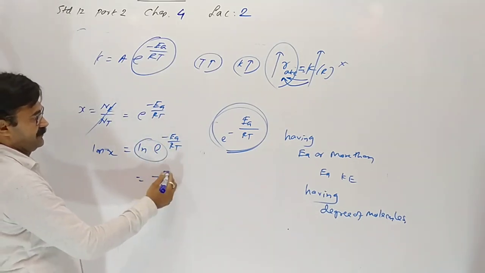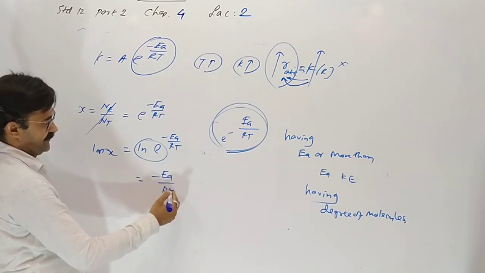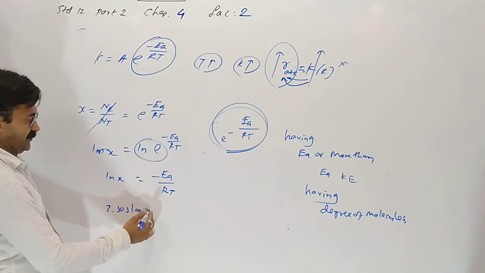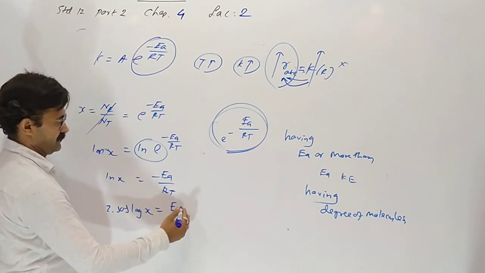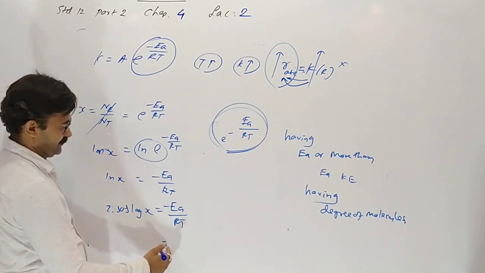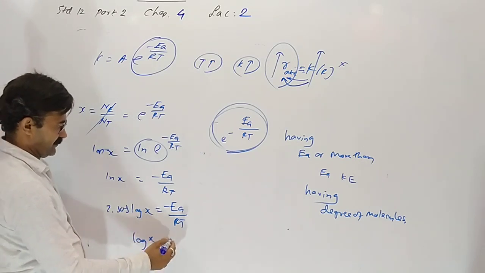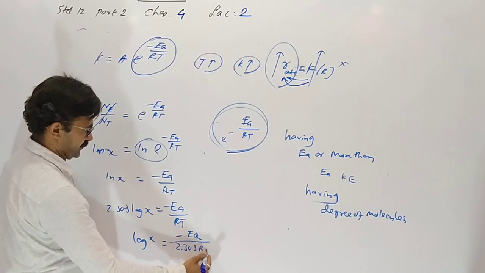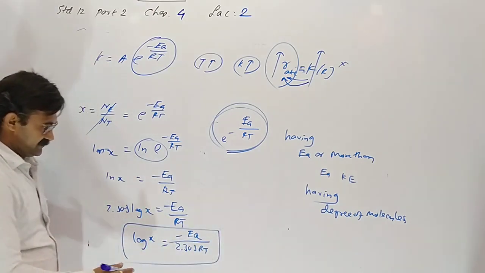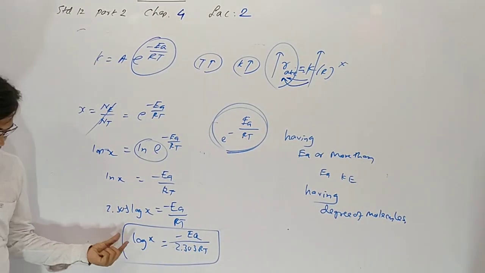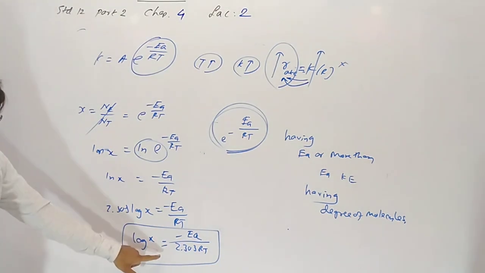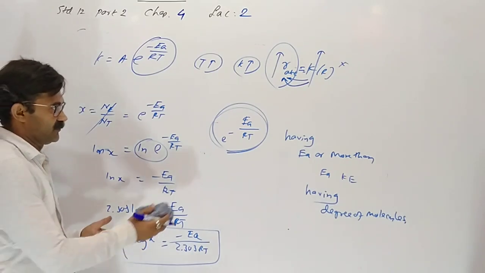Applying ln on both sides, ln x equals minus Ea upon RT. When we convert to log, 2.303 log x equals minus Ea upon RT, so log x will be minus Ea upon 2.303 RT. How much fraction is taking part in the reaction can be determined using this formula.